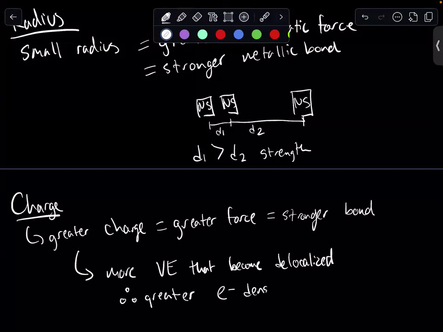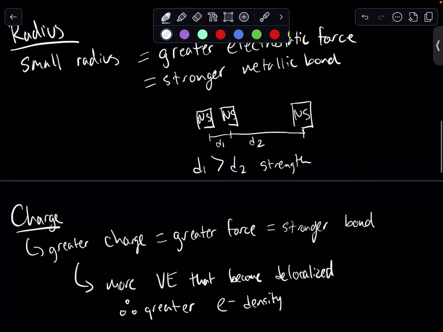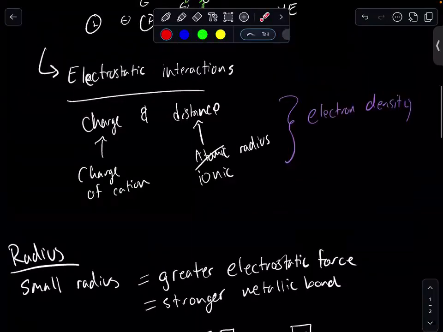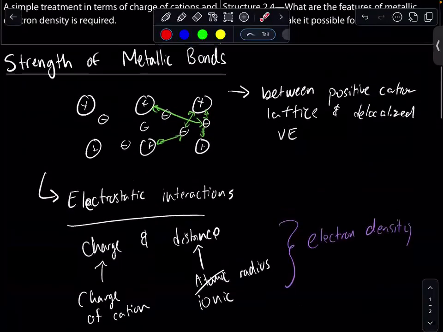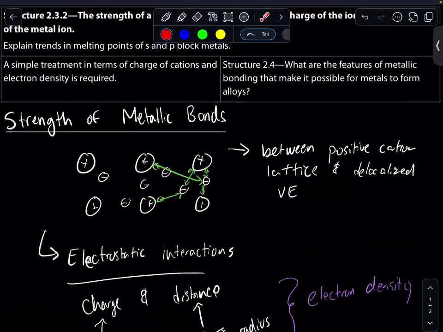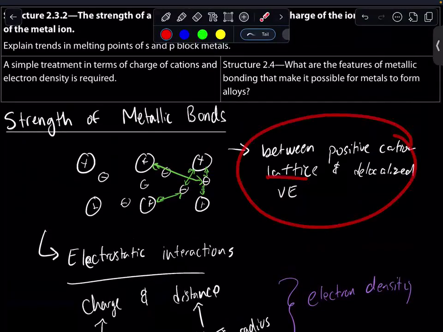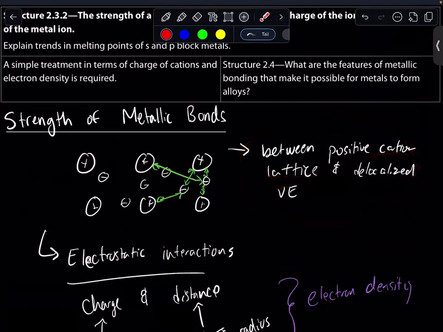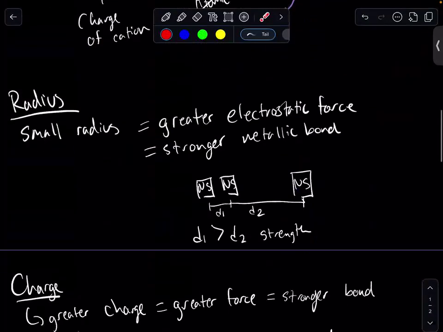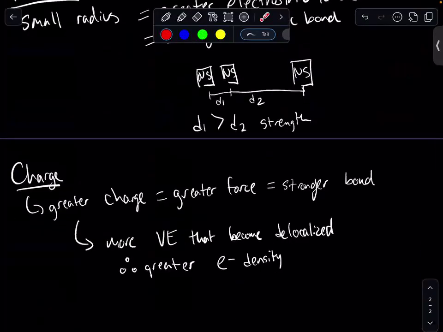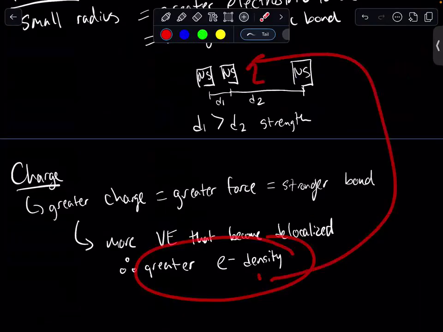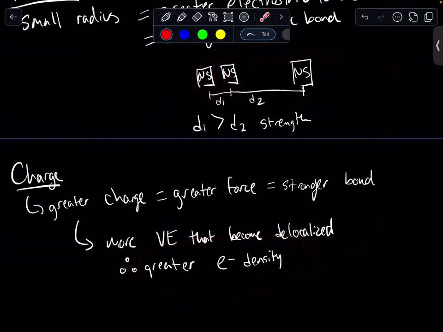Therefore, we have a greater electron density. As we have seen before, our metallic bond is between the lattice and the delocalized electrons, so if we have more of them, we have more particles interacting, and therefore a greater force. Furthermore, smaller cations fit more into a tighter space, contributing to greater density.